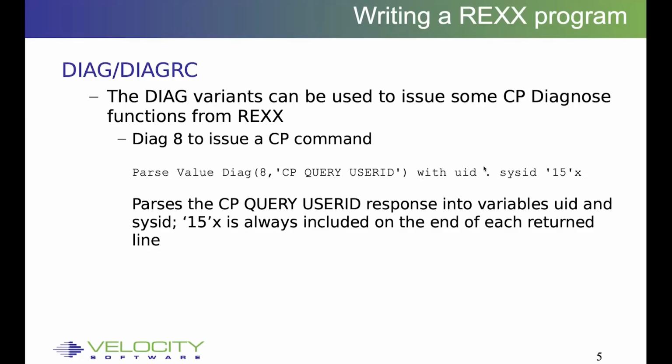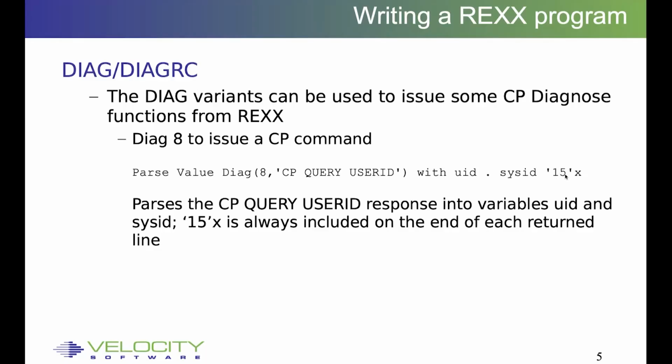There's a value here in between them in the middle that we don't care about. So that's what the dot in the parse command does, it just throws away whatever this word is.